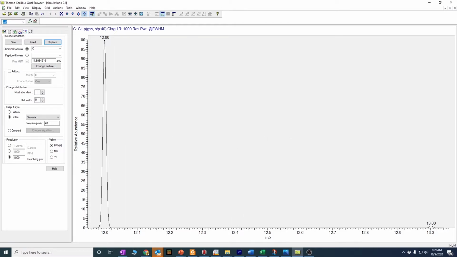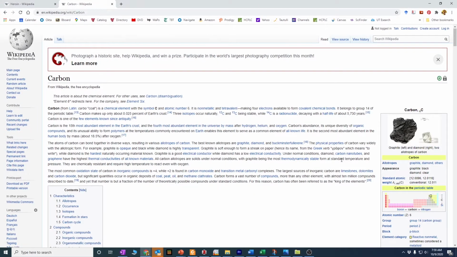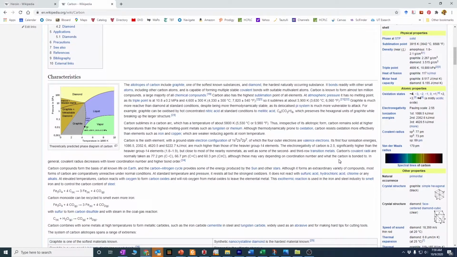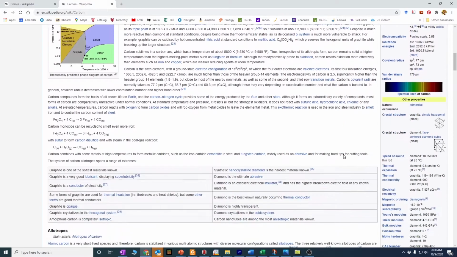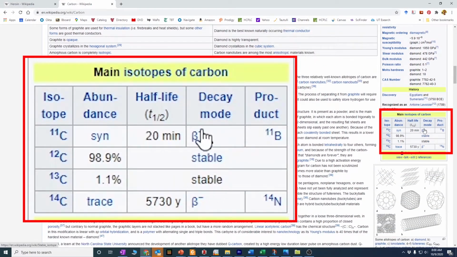So if we look up carbon, Wikipedia is pretty good, you need to know the isotope distributions. Wikipedia is pretty good about that. So if we go down here, the main isotopes of carbon, we see that carbon is about 98.9% carbon-12, but there is 1.1% of carbon as carbon-13.